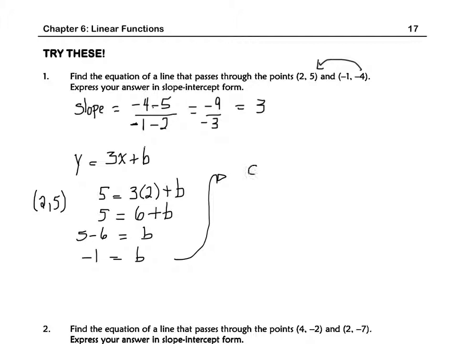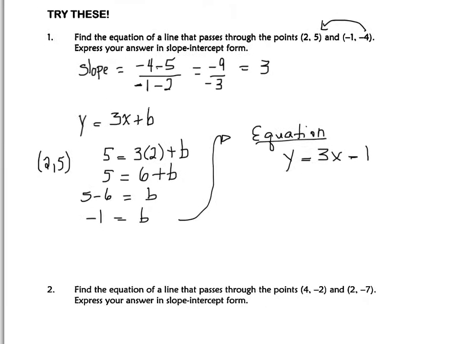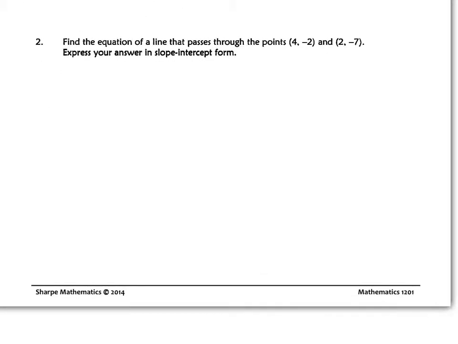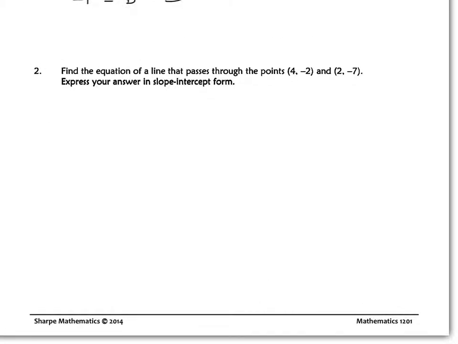And therefore your equation, putting all that together, you've got y equals 3x minus 1. Another example. So the slope, start off with the slope, is negative 7 minus a negative 2 over 2 minus 4.